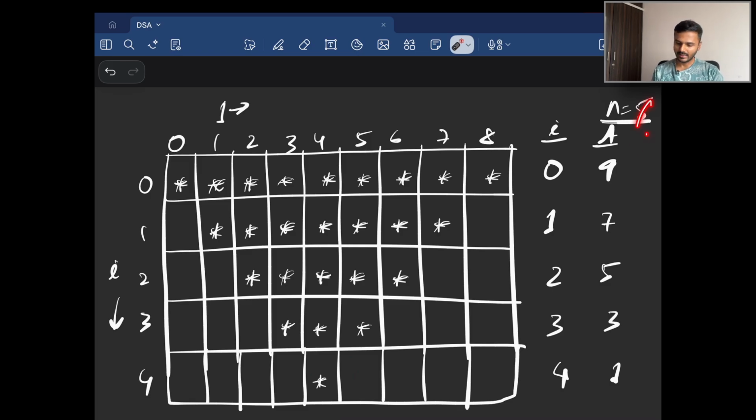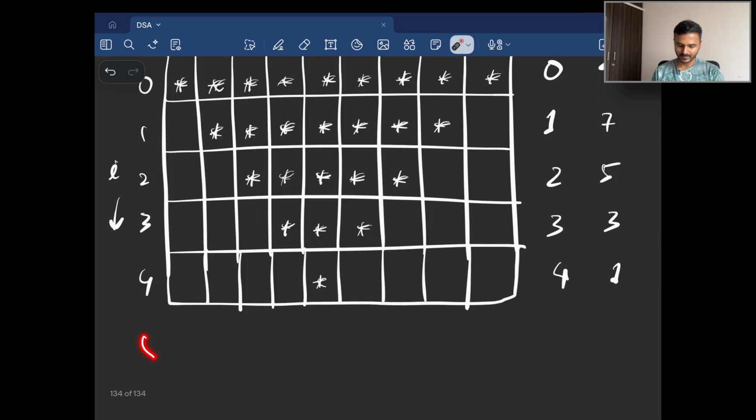What I mean is, if n was 6 instead, the last row would have been row number 5, and this would have 1 asterisk. The previous one would have 3. This would have 5. This would have 7. This would have 9, and this would have 11 ultimately, right?